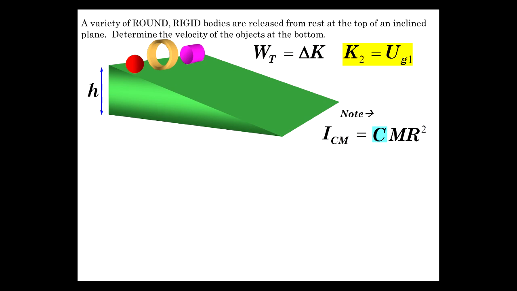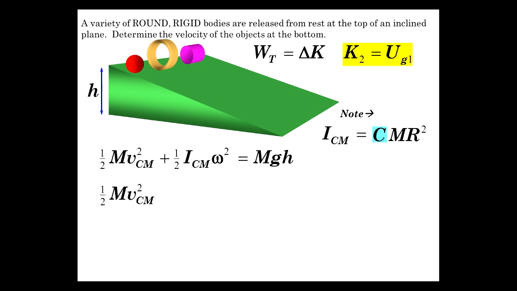So how does the speed at the end of the ramp, how is it affected by c, namely the factor of mr squared in the moment of inertia? So translational plus rotational energy equals the original potential energy. 1/2 mv squared plus 1/2 I, which is now c mr squared, times v squared over r squared for omega squared, is mgh.